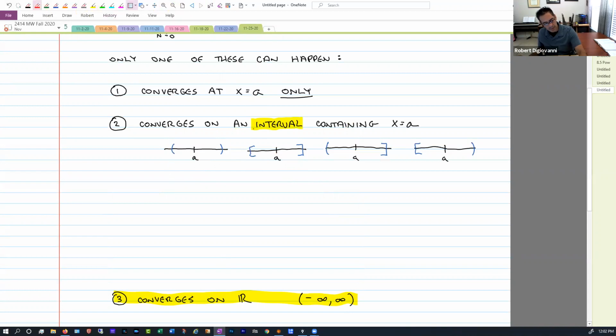What you need is x minus a, the distance between x and a, to be less than some capital R, where that capital R is called the radius of convergence. You'll see this when we work out a problem. So let me work through a problem and then you'll see how this all comes together, okay?